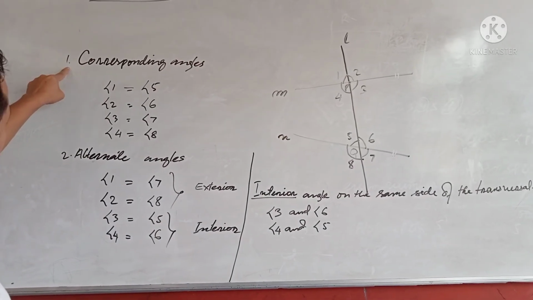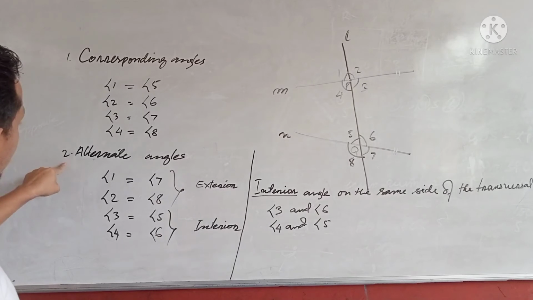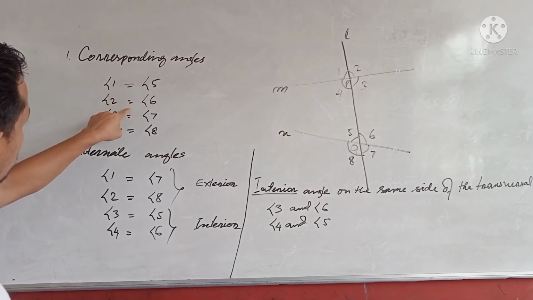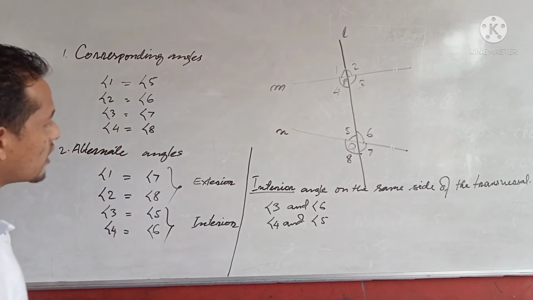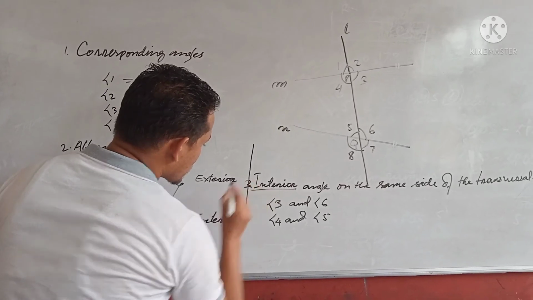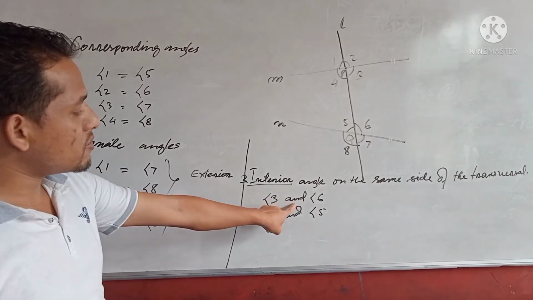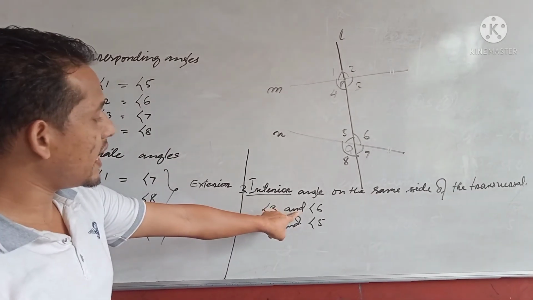Now one more point I want to explain. In points number 1 and 2, I was using equals everywhere, but in point number 3 I am using a sum.